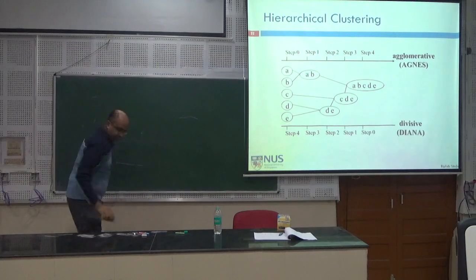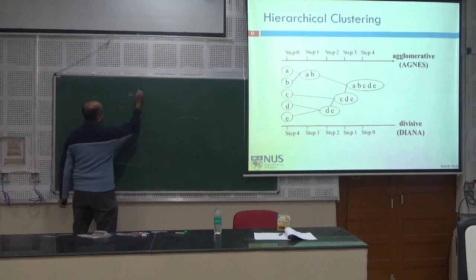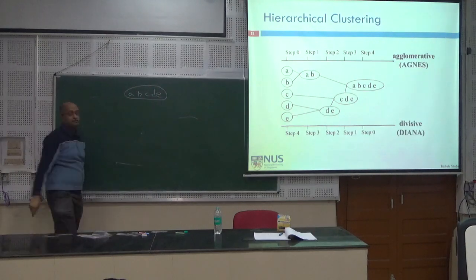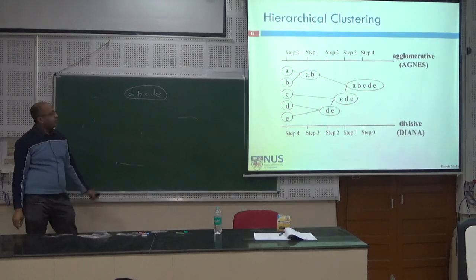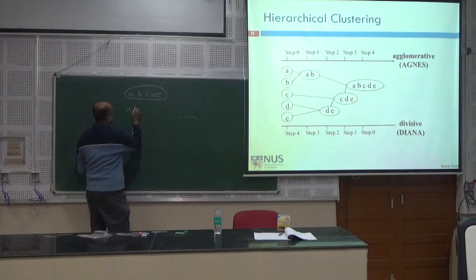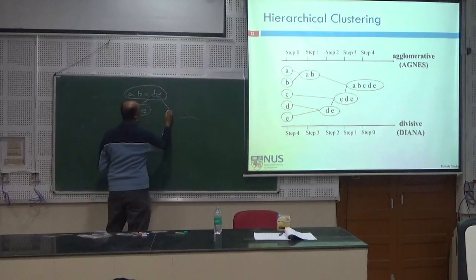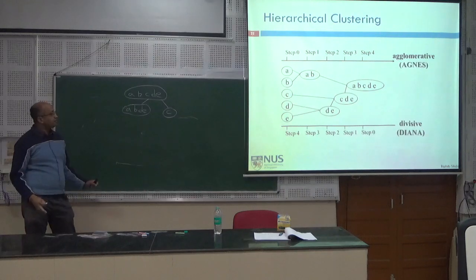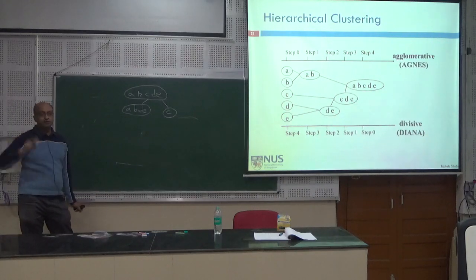So let's say I start with A, B, C, D, E. These are my 5, so they're all in one cluster. What I will do is I have to figure out some way in which now, let's say A, B, D and E are in one cluster and C goes in another cluster. In the next step, I will again pick one to be kicked out.